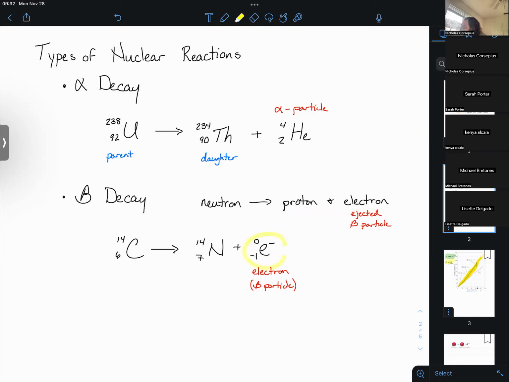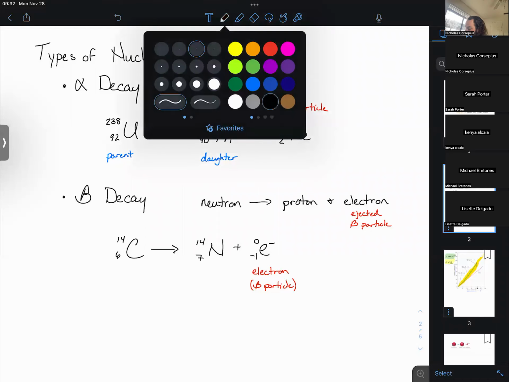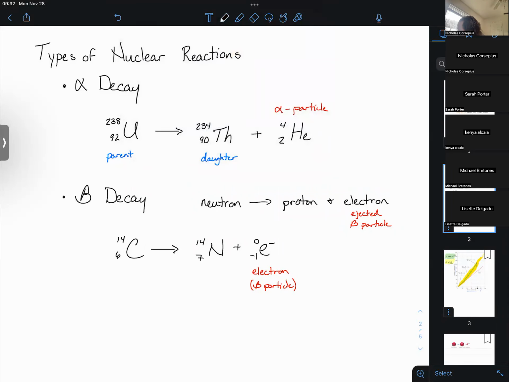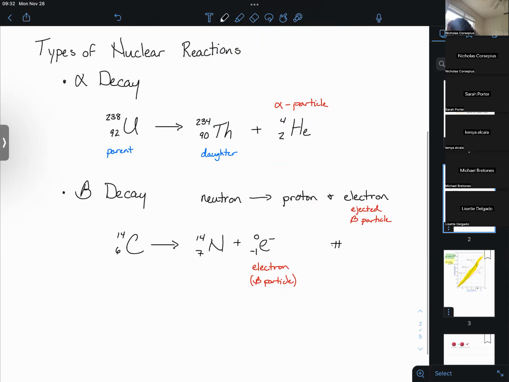Even though in the symbol here we have this electron, the real key here is that a neutron is being converted into a proton and an electron. Okay, and we can see that as a consequence to this particular setup here, the number of protons goes up by 1. All right, so beta decay, you're actually increasing your atomic number.